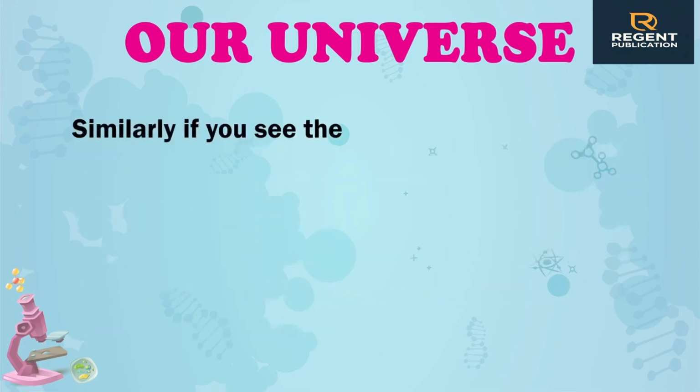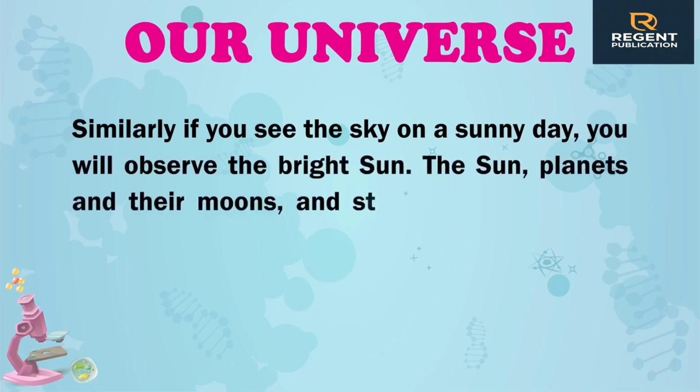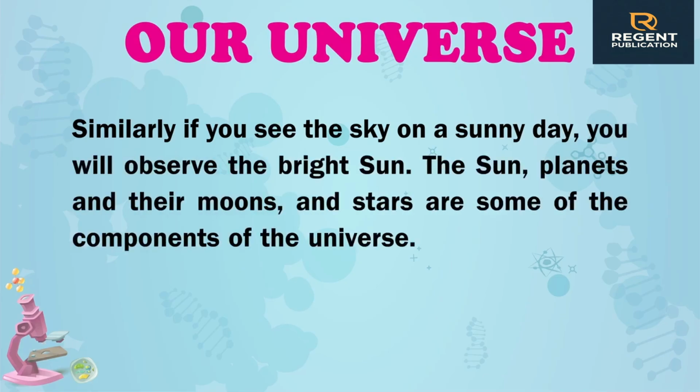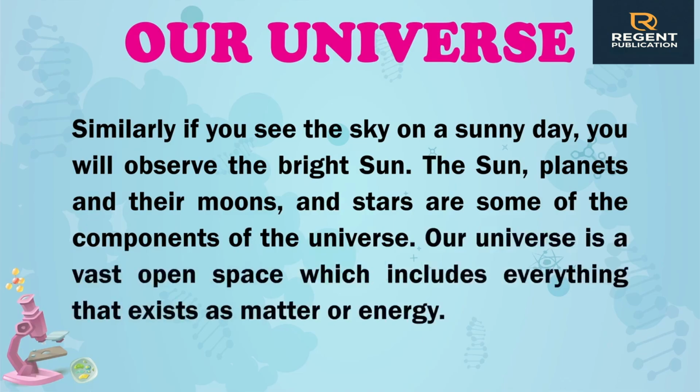Similarly, if you see the sky on a sunny day, you will observe the bright sun. The sun, planets, and their moons and stars are some of the components of the universe. Our universe is a vast open space which includes everything that exists as matter or energy.